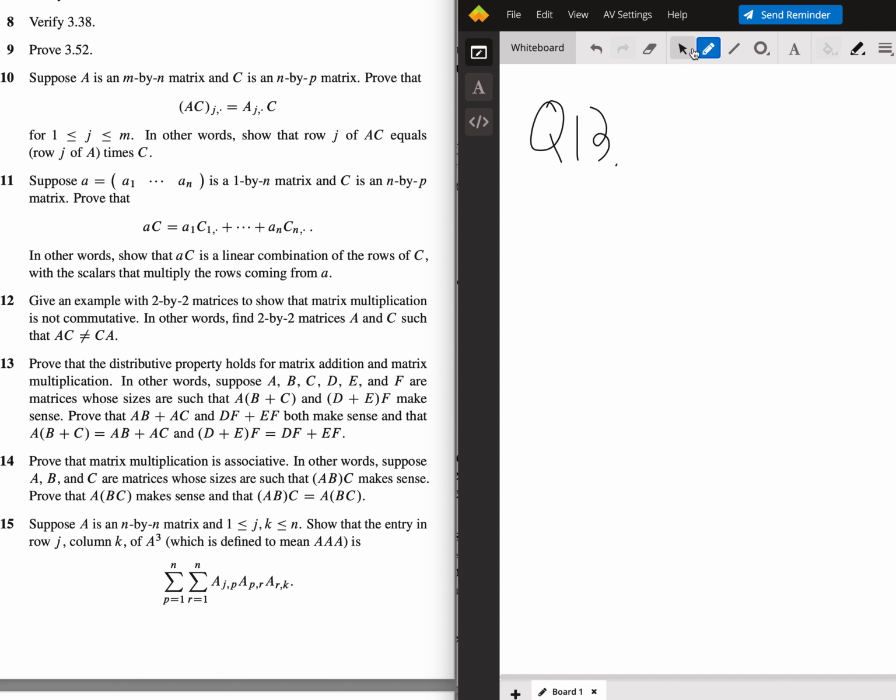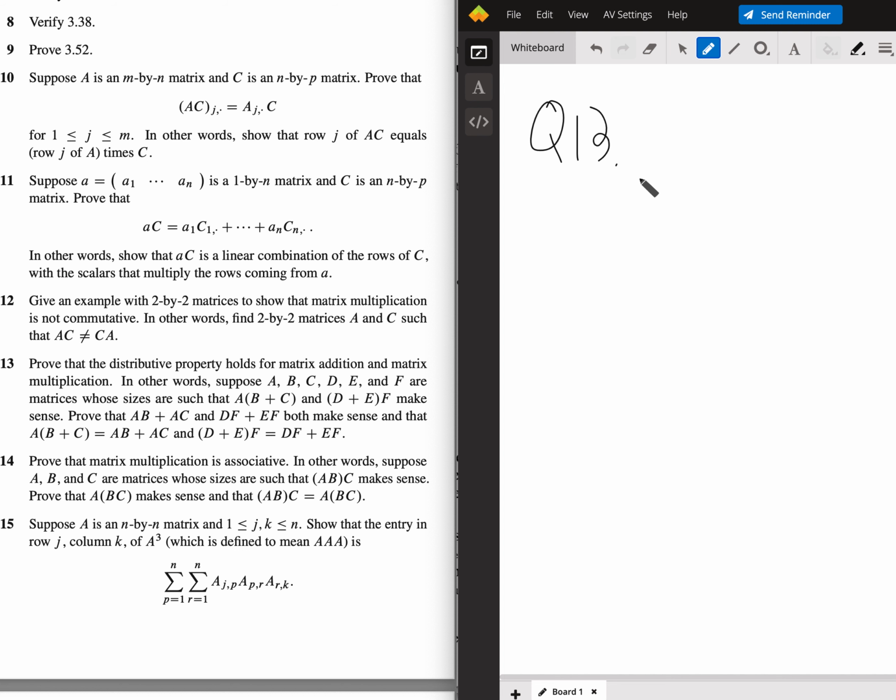This is kind of like when you show that in a vector space a scalar distributes across 2 members of the vector space, or that a member of the vector space distributes into 2 scalars. Something similar like that.